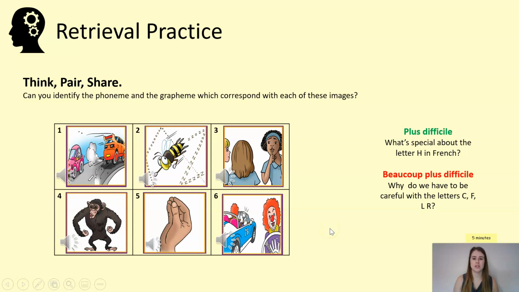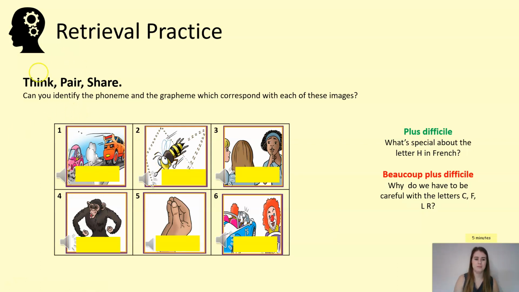Let's see if you can match them with the correct words. So bear with me because it's a bit funny. Okay, so the first one here. Oh, where's my mouse gone? Sound button's going. The sounds.